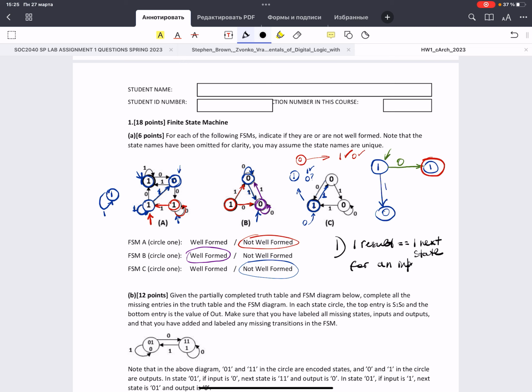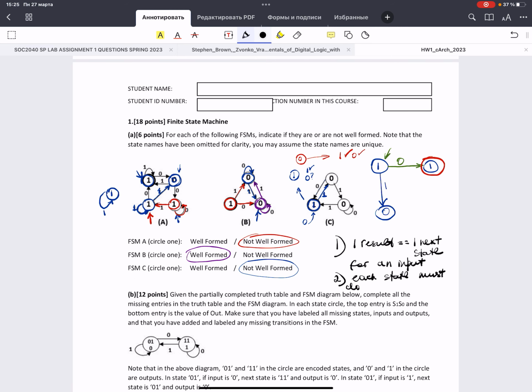And the second rule says that each state must clarify the next state for both 0 and 1, or for all inputs. So I hope it was pretty understandable for you.